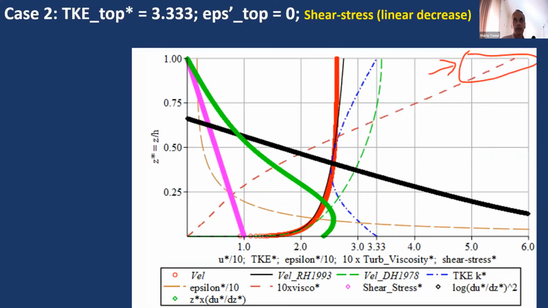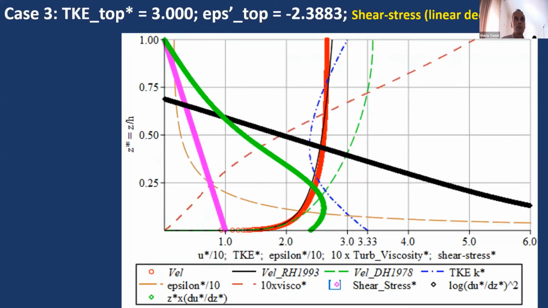The second case is different. So here the shear stress is linearly decreasing from the maximum at the ground till 0 at the top. So we get slightly different values for the profile of the wind velocity and for other variables too.